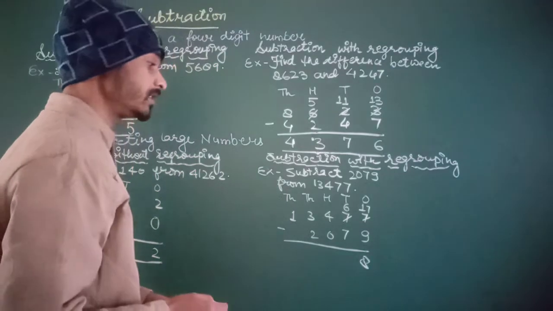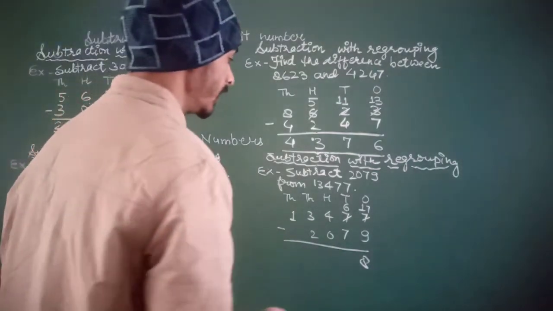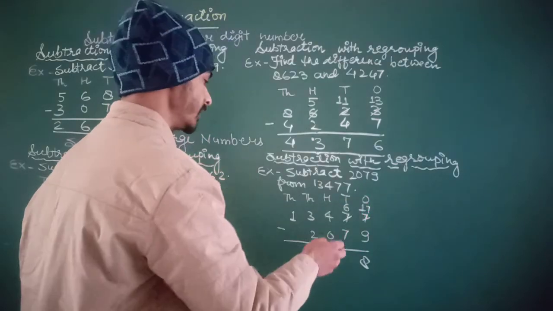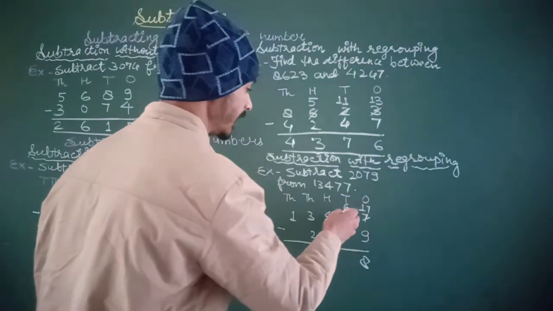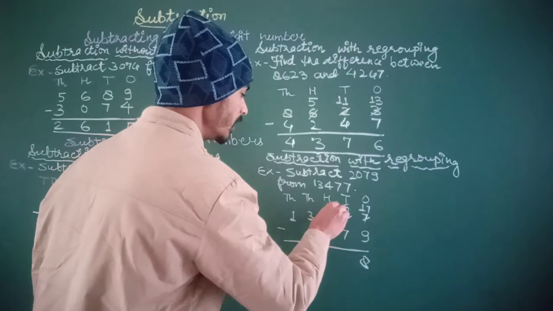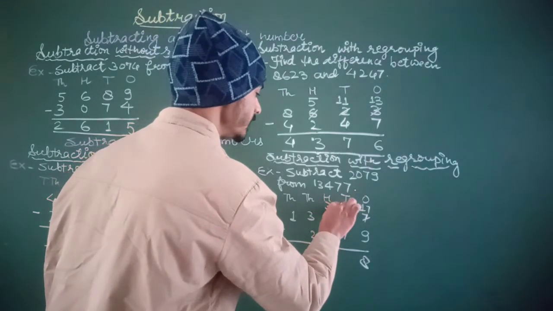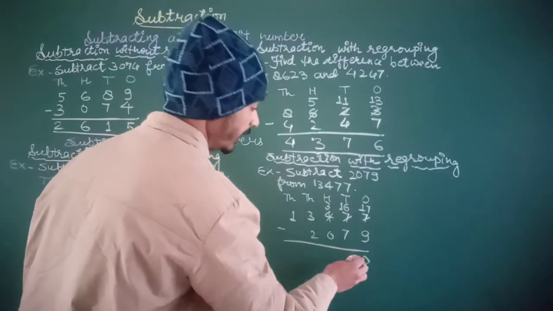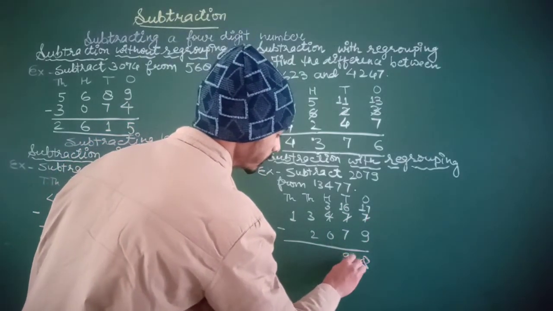Okay, 17 ones minus 9 ones, that is 8 ones. And now 7 tens cannot be subtracted from 6 tens. So regroup 4 hundreds 6 tens into 3 hundreds 16 tens. Now subtract 16 tens minus 7 tens, that is 9 tens.